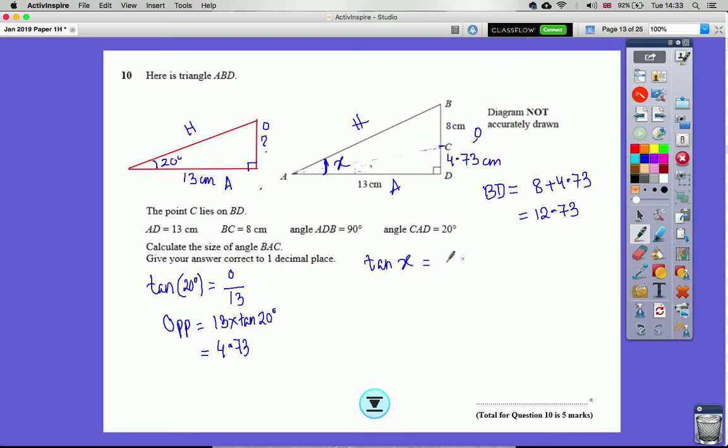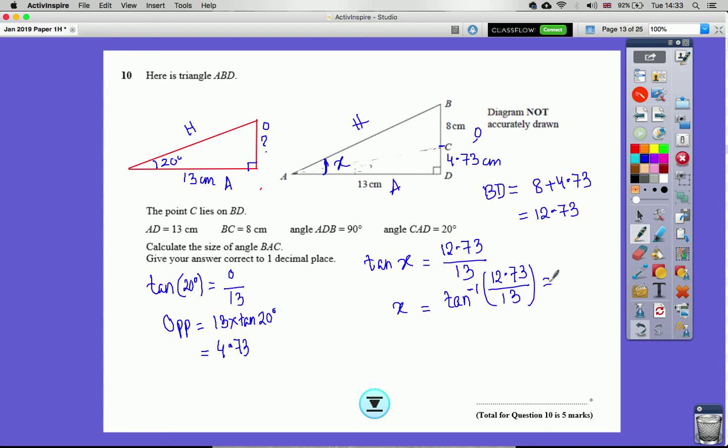So this is going to be 12.73 over 13. The value of X is going to be tan inverse of 12.73 over 13.